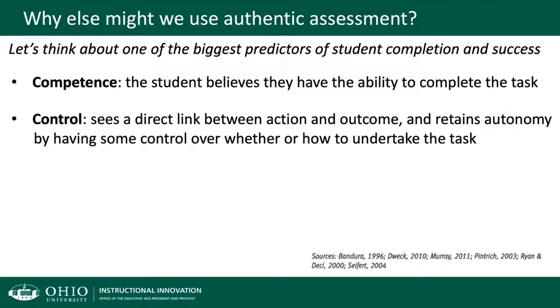So all of us like to feel that we have a certain amount of control in how we go about our daily tasks, and students are no different. So by giving students a certain amount of autonomy on how they might approach a particular task, we are able then to help the students see a direct link between their choices and their actions and the eventual outcome.